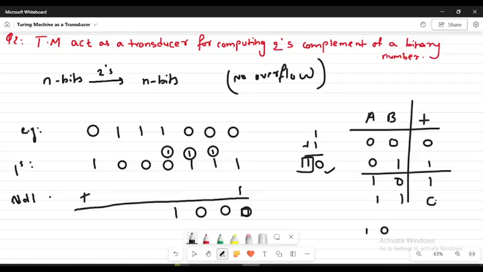So 0 will be the answer and 1 becomes carry. That is exactly what we are doing here. So 1 plus 0 means 1 itself. Then there is nothing, so 0 plus 0 is 0. Again 0 plus 0 is 0. Then again 1, so 0 plus 1 means 1. So this is the 2's complement of the number.